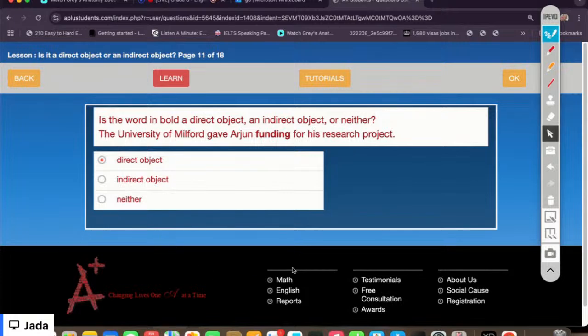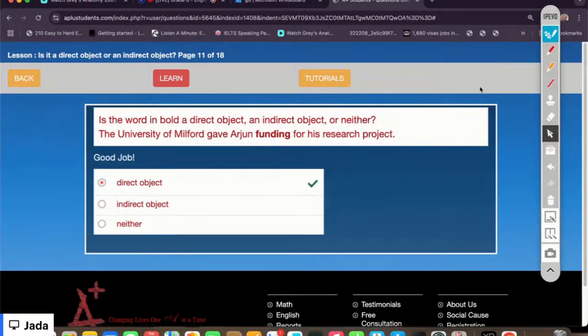Okay, neither. So, which one are we going with? Direct object. Okay, good job.